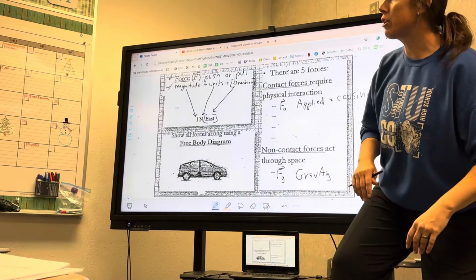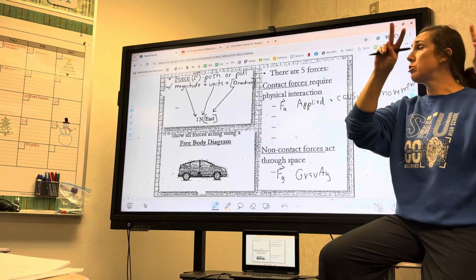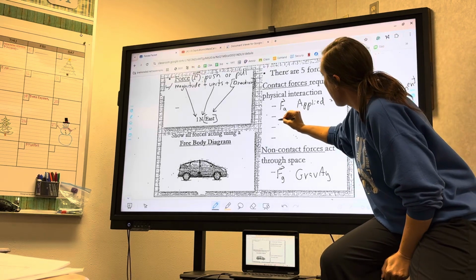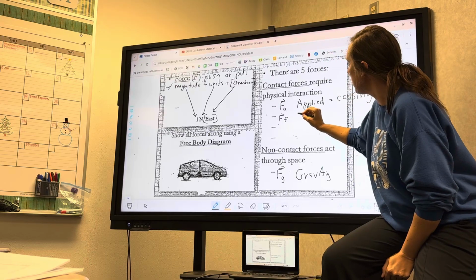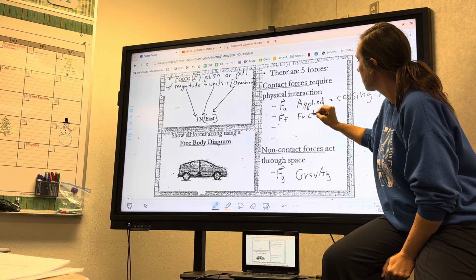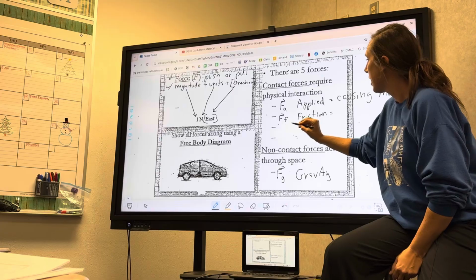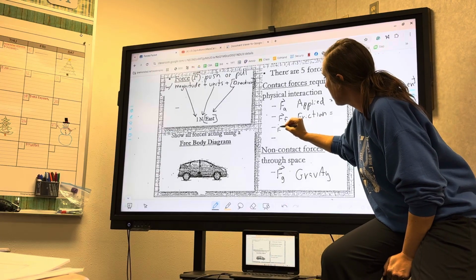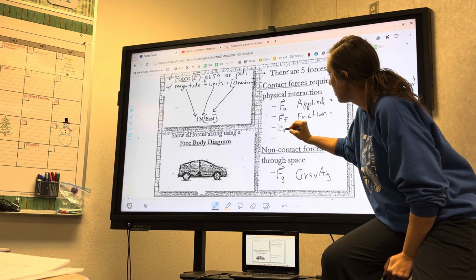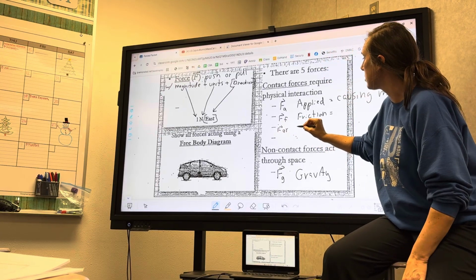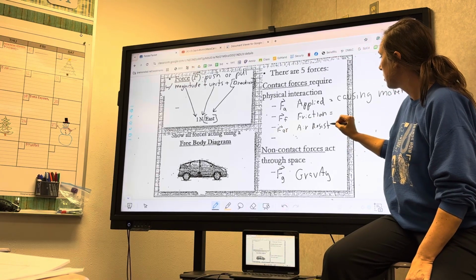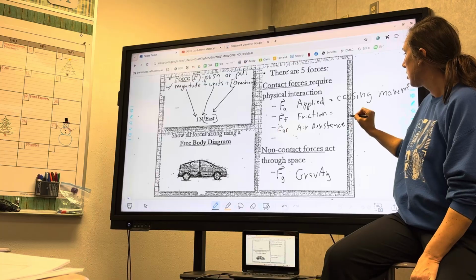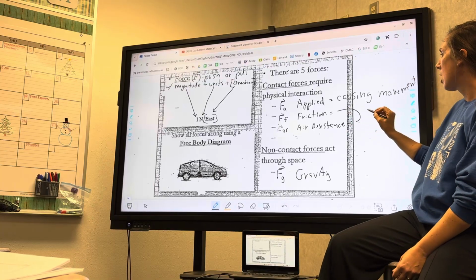Okay, if there's motion, there could be these 2 additional forces. F hat sub F, which is friction, and F hat sub AR, which is air resistance. Okay, and both of these oppose.